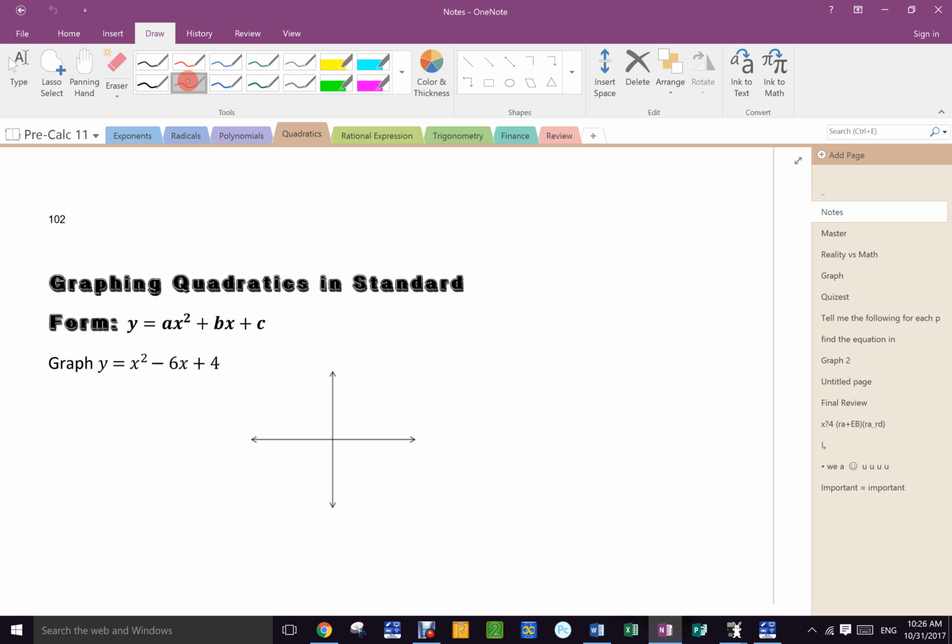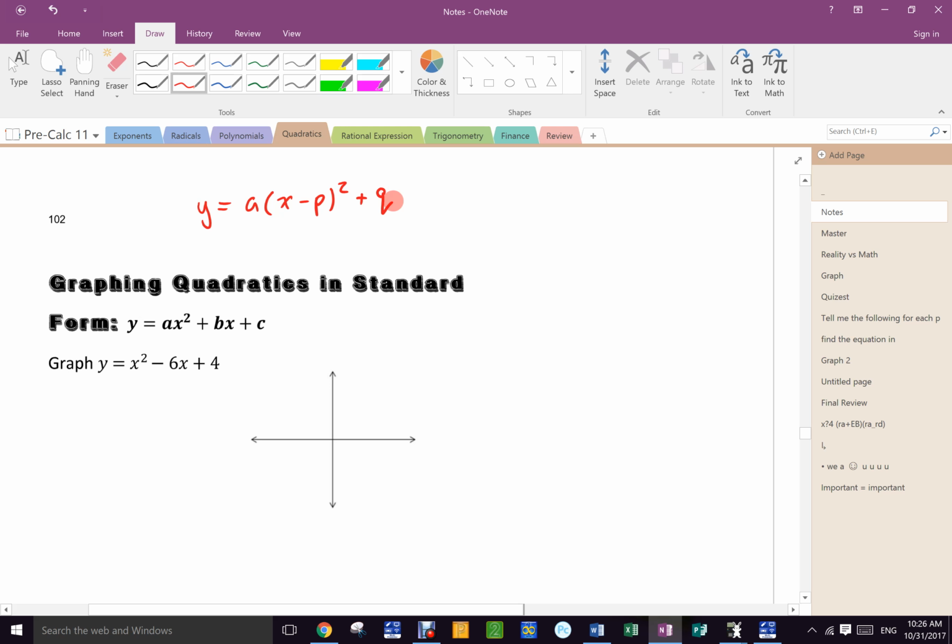At the top here, remind me if you remember, what does vertex form look like? If you don't remember what vertex form looks like, you could flip back one page and find out. A. Yes?